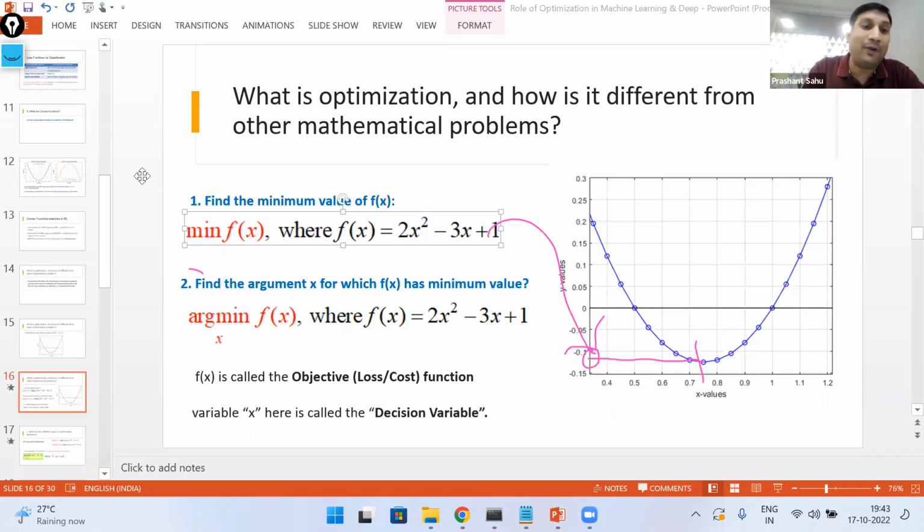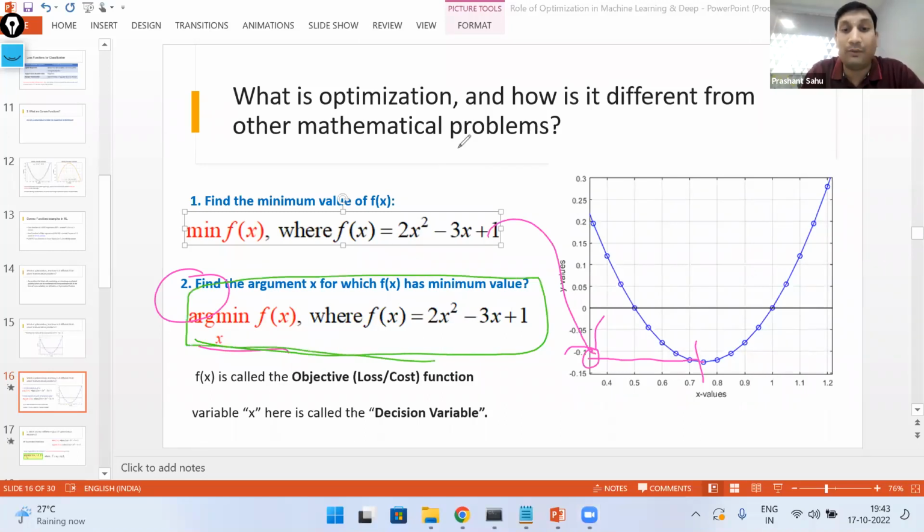Now another type of optimization problem talks about the argument. So how do I read the second problem? Find the argument x, listen to me carefully, and this is how your machine learning problems are. Your machine learning problems, your deep learning problems are of this type, which is why you have to listen to me once.